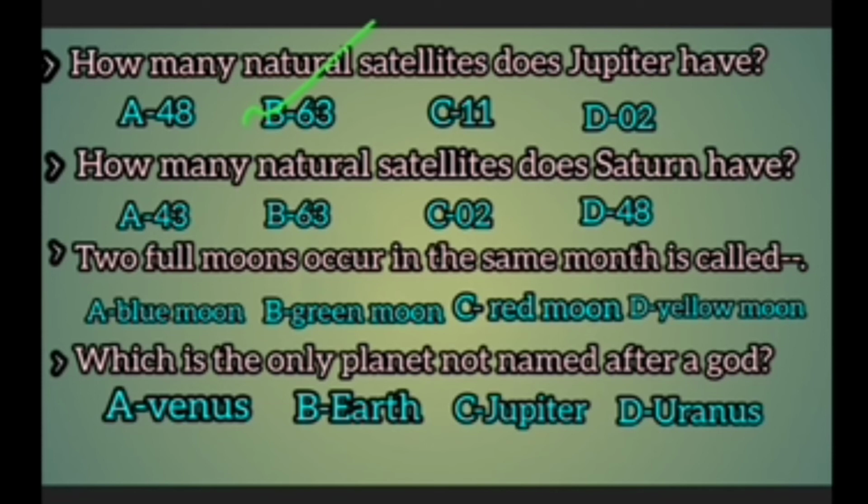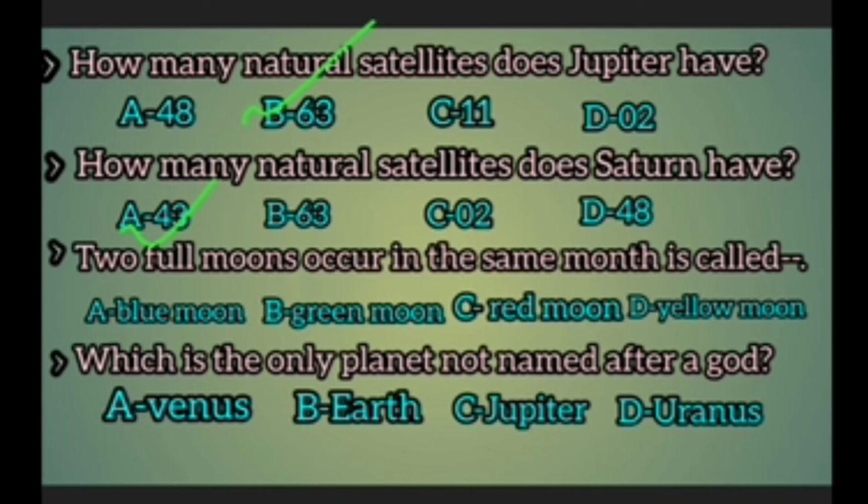Next question. How many natural satellites does Saturn have? A. 43, B. 63, C. 2, D. 48. Answer A. 43. Next question.